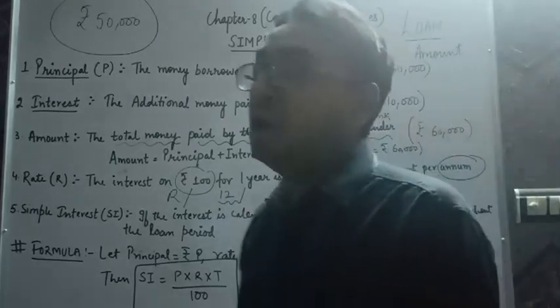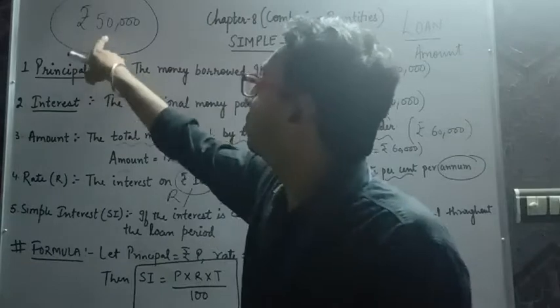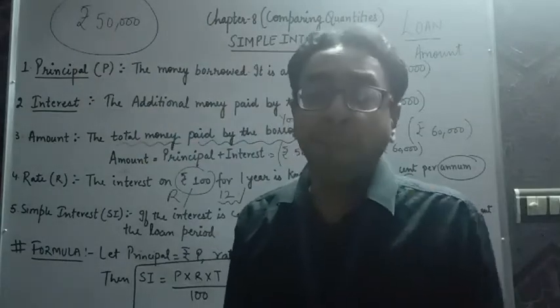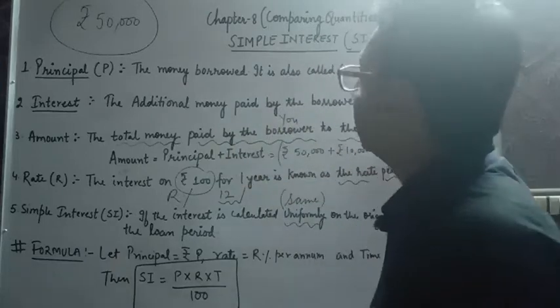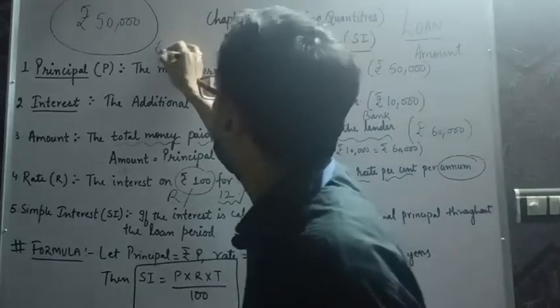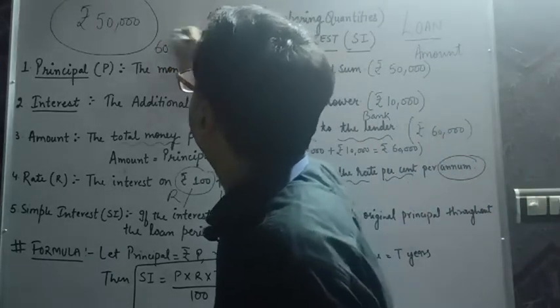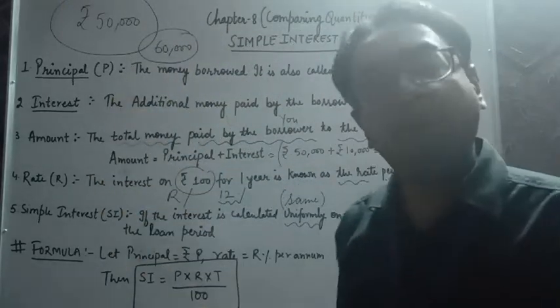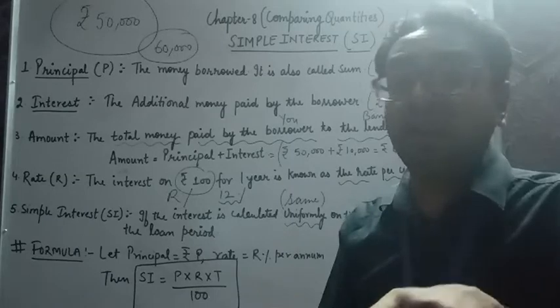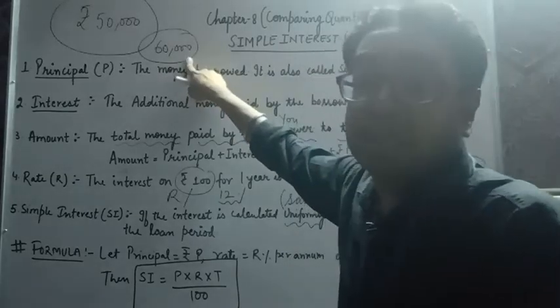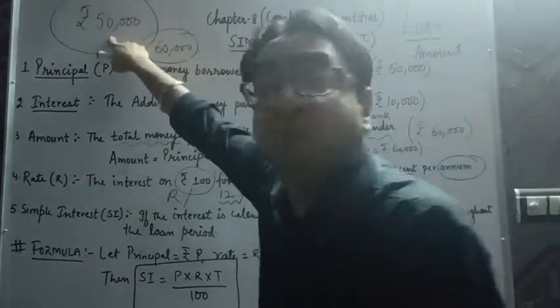Understand what it means. For example, you borrow 50,000 rupees. Now, for the first year, for example, you paid the interest of 10,000 rupees. What is the total amount you are having as the loan period? Now you are having 60,000, right? Now next year also, if you are taking the loan, that loan will not be on 60,000. That loan will be on 50,000 only.